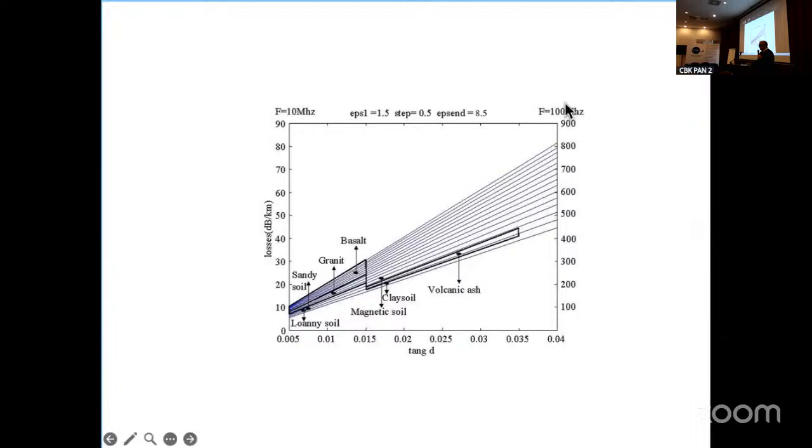Here, at 100 megahertz, it's no way, which means that you see the limit. For low frequency, we can go, let's say, 5 kilometers below the surface. It happened, I will show you the results. For higher frequency, we have to stop at meters, perhaps tens of meters, but not more, which really depends on the material.